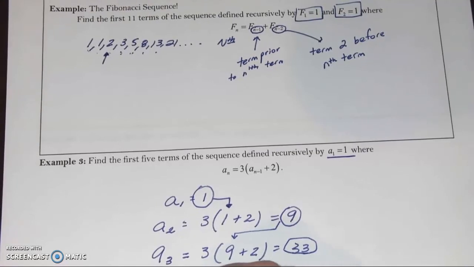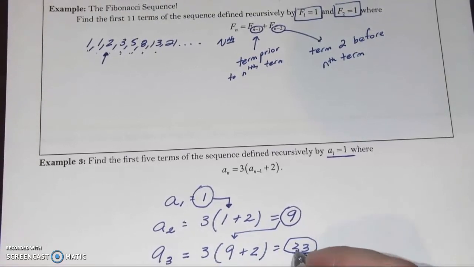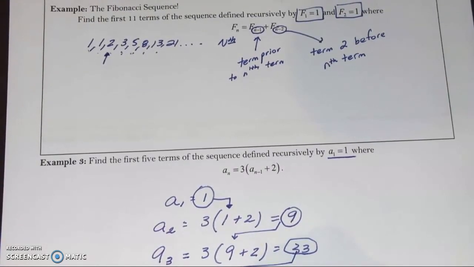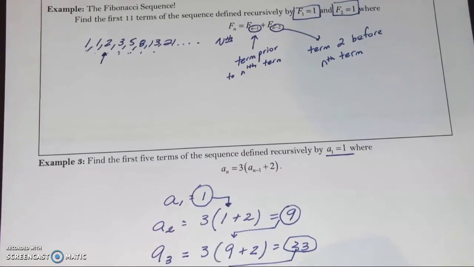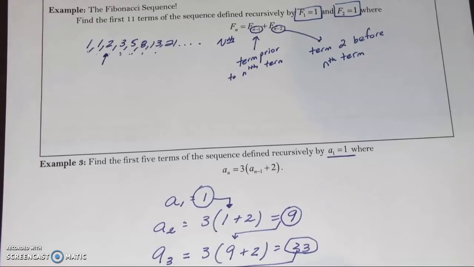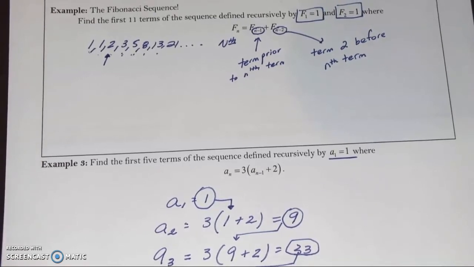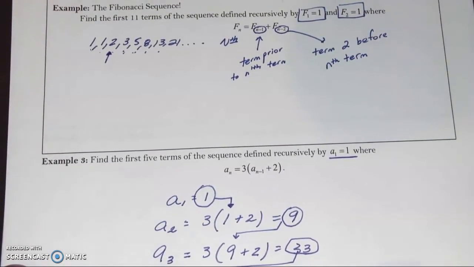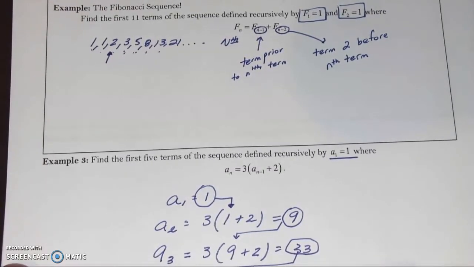The fourth term is going to be 3 times the term before it, plus 2. 3 times 35 is 105. And last but not least, the fifth term, 3 times, and this is getting a little tedious, the term before it. We have 3 times 107, which off the top of my head is 321.